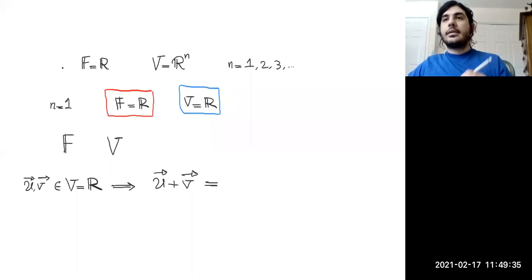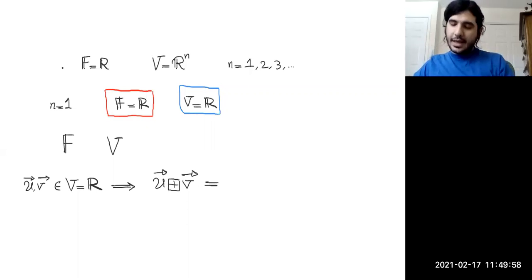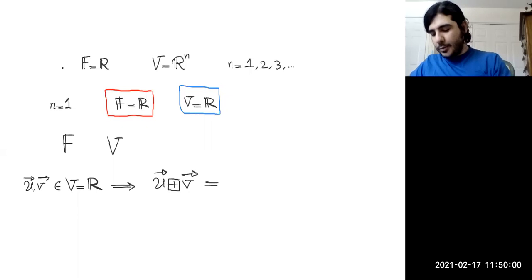Because it's not the usual addition, I would slightly change the notation. Rather than writing plus, because usually we know what plus means for real numbers, I use this notation, plus inside a square, okay? That's my new addition. I'm going to define this new addition.